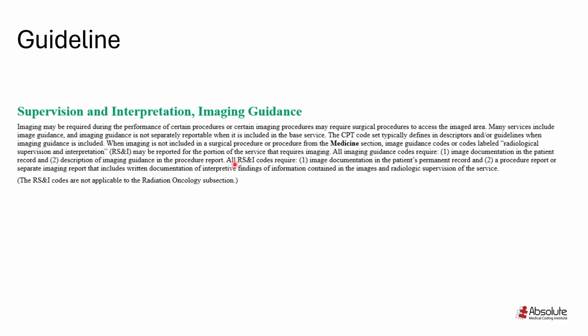All RS&I codes require one, image documentation in the patient's permanent record, and two, a procedure report or separate imaging report that includes written documentation of interpretive findings of information contained in the image and radiologic supervision of the service. The RS&I codes are not applicable to the radiation oncology subsection.